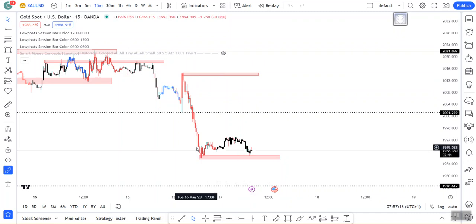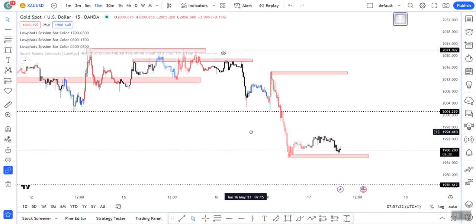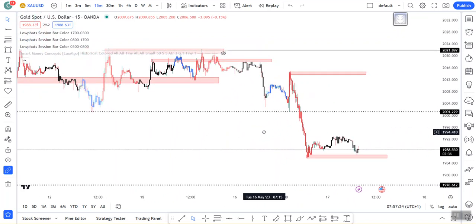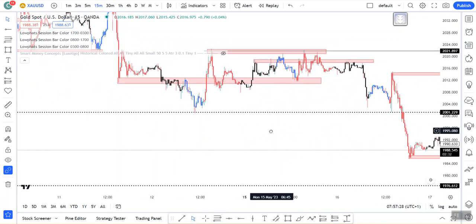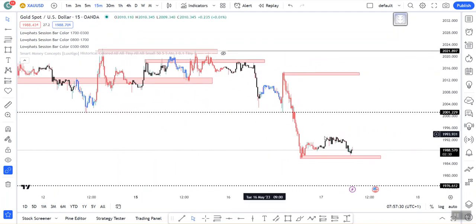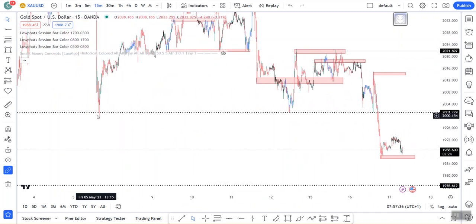Then what I will look for is another zone where there was a reaction in the US session going up. Hold on. There was this reaction here for US.